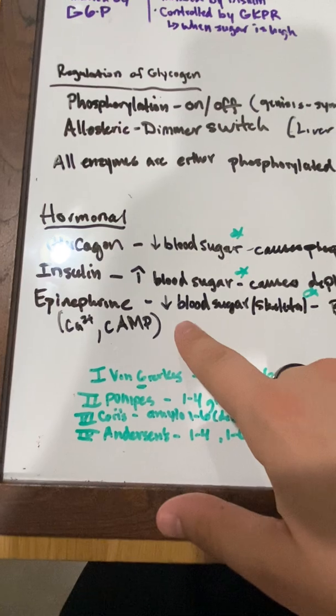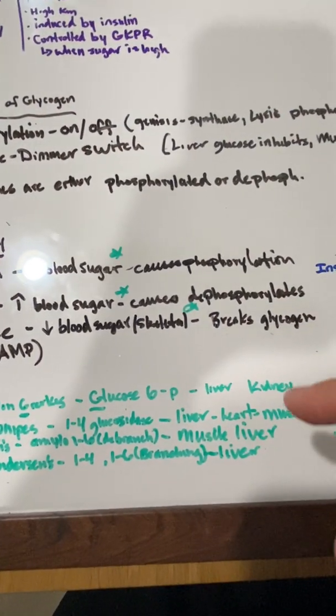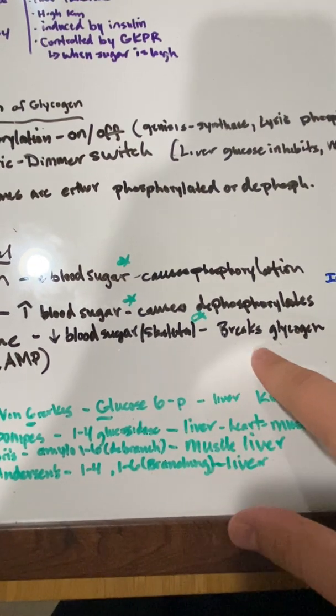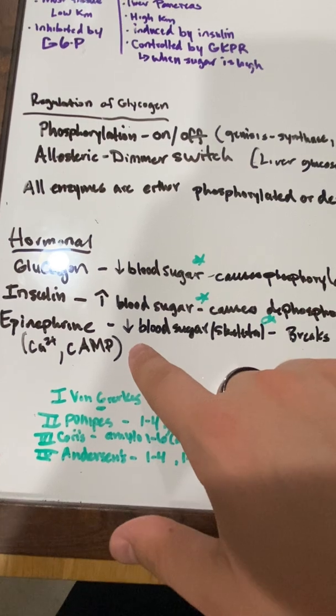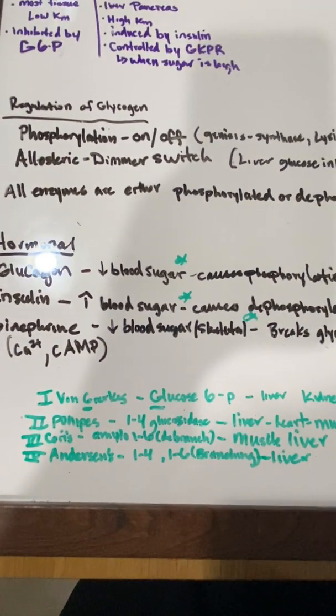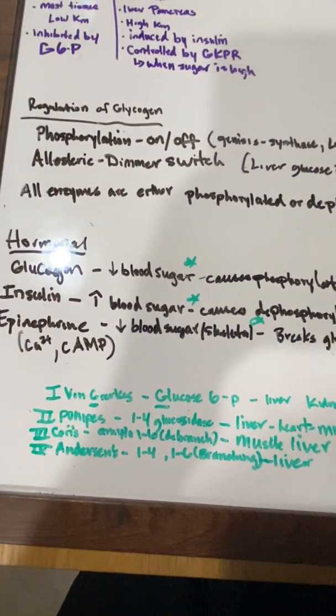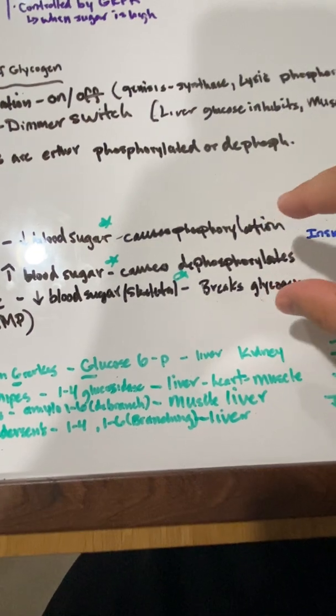And then the last hormone that we talk about is epinephrine, and that's if you have low blood sugar in the skeletal muscle, we want to break down glycogen. So we're going to use cyclic AMP, and that's the calcium calmodulin, I think is what it was. So if you notice, low blood sugar, we're going to be phosphorylating.